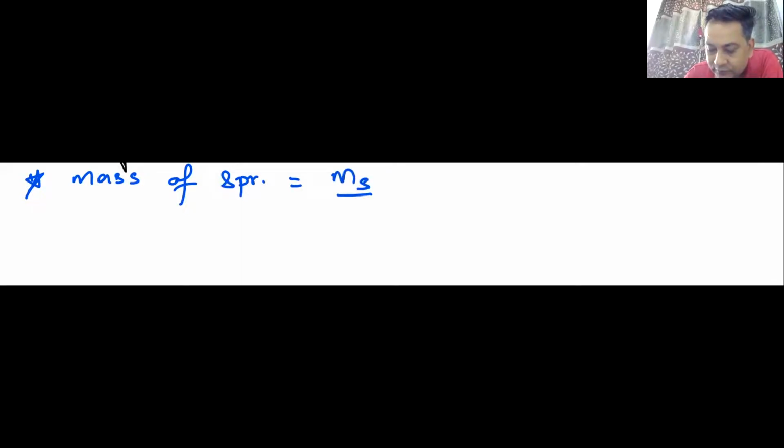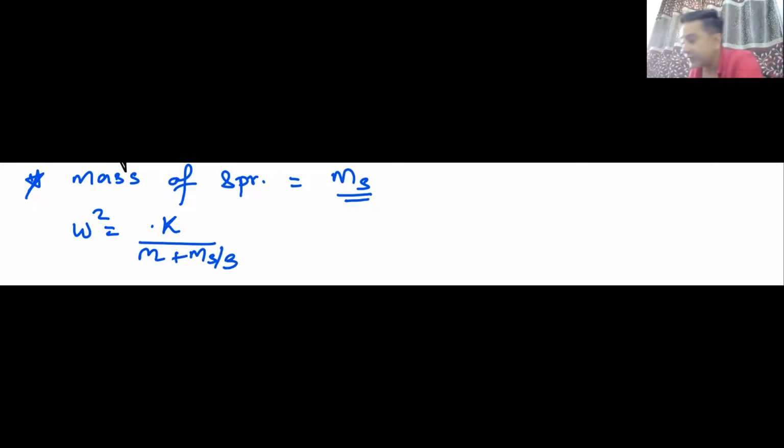Well, then we come to a special case where the mass of the spring is given. So remember this case, the mass of the spring is also given. Let us say that the mass of the spring is ms. In that case, omega square becomes k divided by whatever mass is there plus ms by 3.